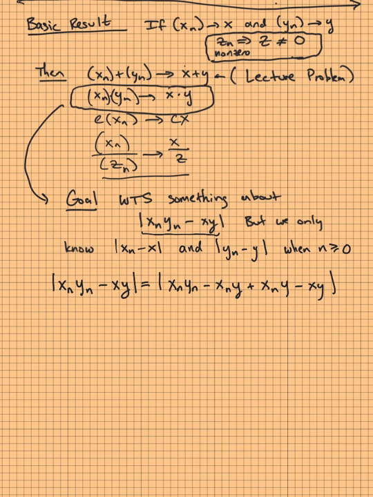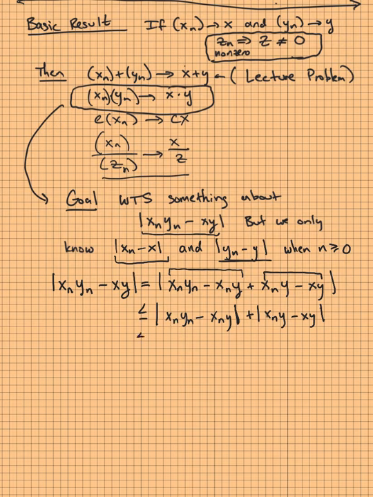We're putting this in because what we see here is xn times yn minus y, and we know something about yn minus y. And we're putting in an xn minus x, and we know something about xn minus x. Now this is less than or equal to |xn yn minus xn y|, by triangle inequality, plus |xn y minus xy|.